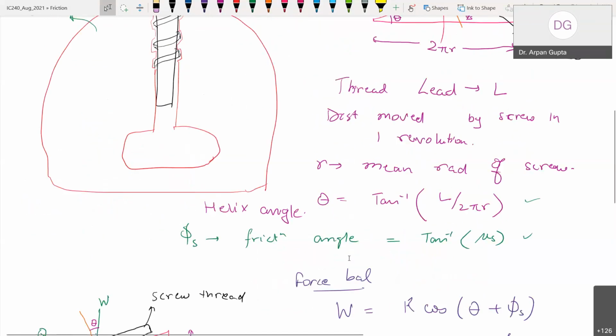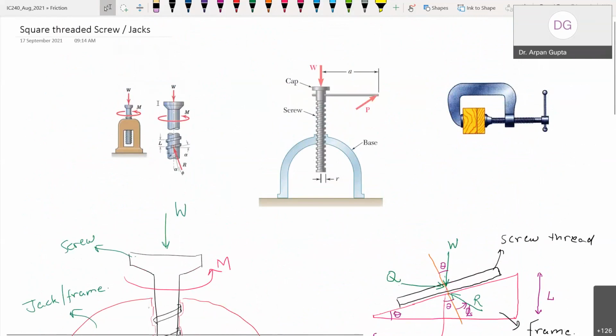Now, for the first figure, if you want to calculate the moment M, then M is equal to Q times the mean radius R of the screw. Since Q and R are known, we can calculate the moment M that we need to apply to lift this weight W.